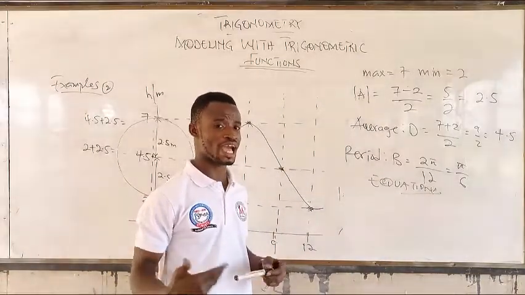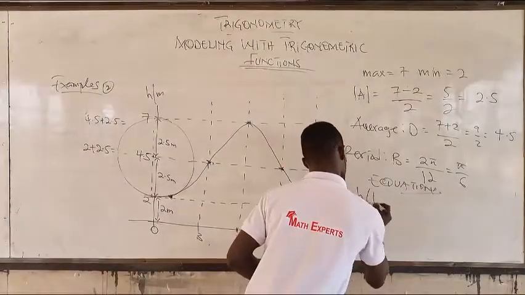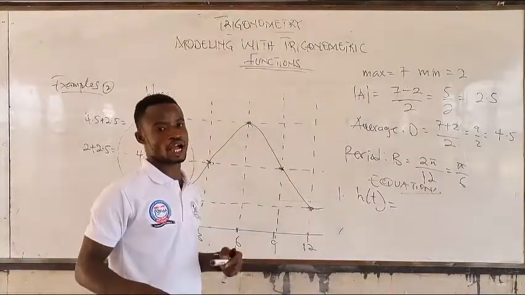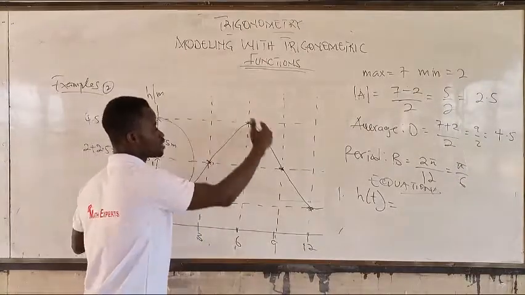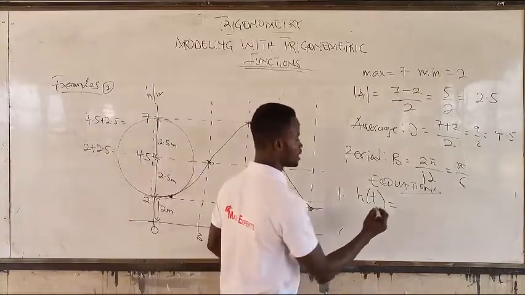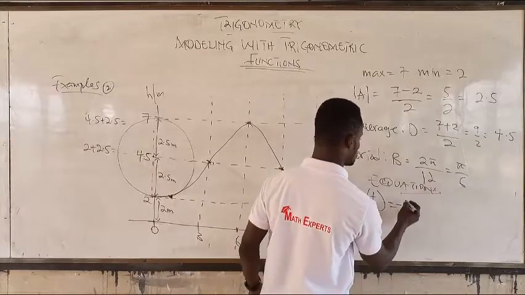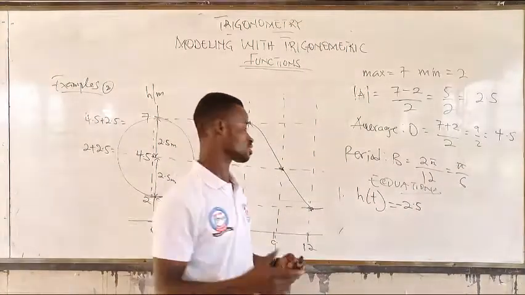Since we want to determine the height, let's use h in terms of t. So h in terms of t is going to, because we know the amplitude will come here. And the amplitude, as I said, since this one opens downward, is going to be negative. The amplitude is 2.5, so negative 2.5. Please, always don't forget that.